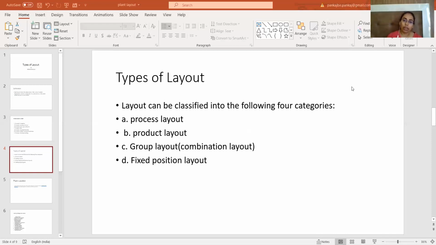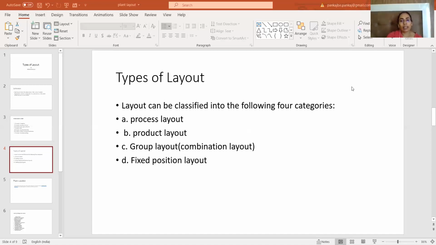This type of layout is known as the combination or group layout. Mostly, organizations do not use a pure product layout or a pure process layout. Generally, organizations use this kind of combination layout, where certain processing is on the basis of product layout and certain processing is on the basis of process layout.